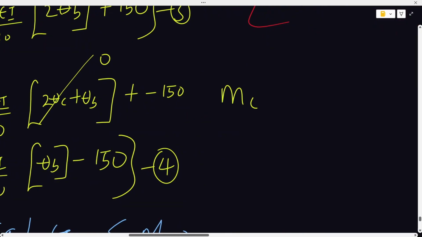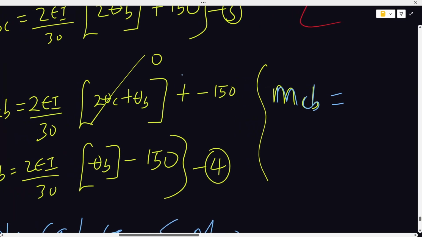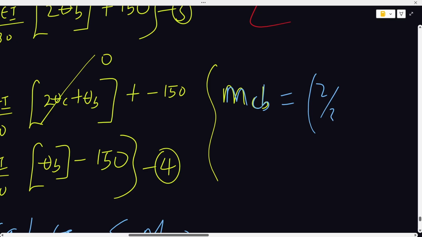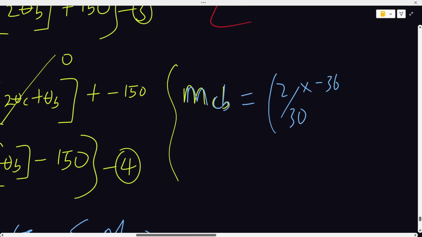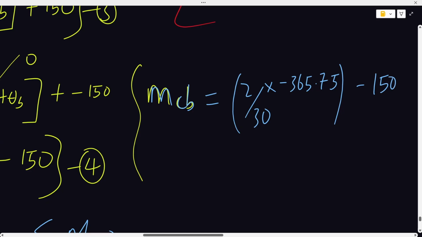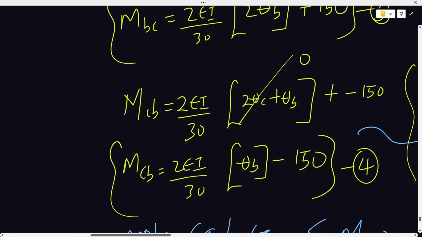MCB equals 2 over 30 times EI theta times minus 365.75 minus 150. Just the same thing with this equation, basically. Now what I'm just doing, you can check it out, see.